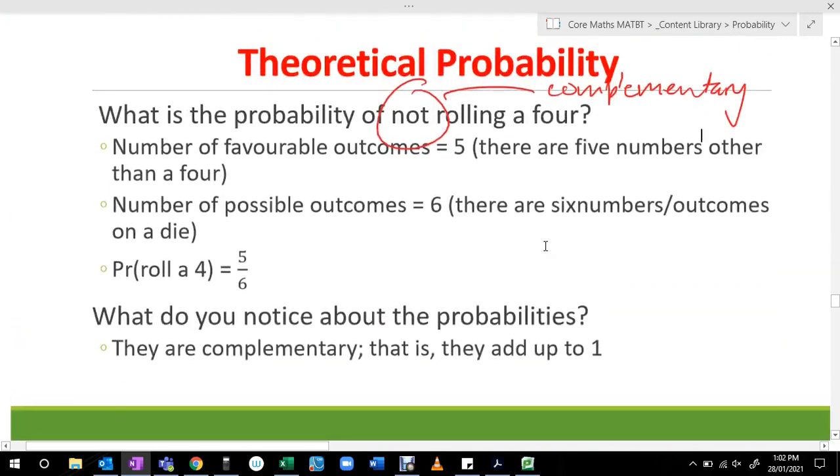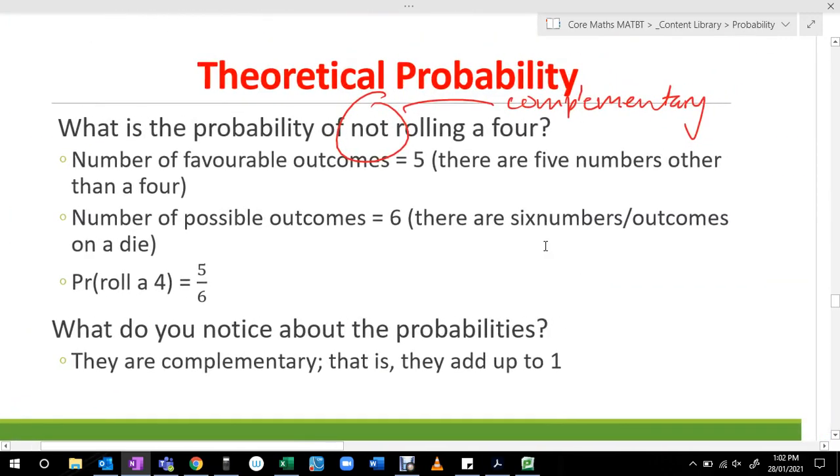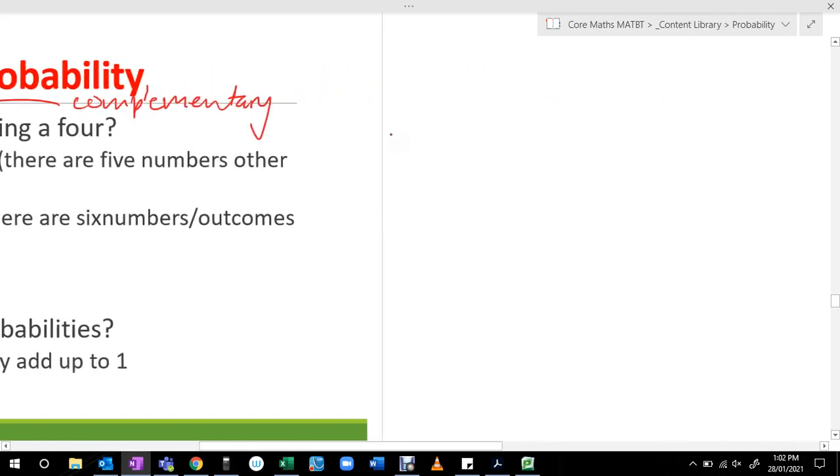So, with this in mind, what's the probability of not rolling a 4? Okay, so the opposite of 4. Now, whenever it comes to probabilities and representing them, this means probability of 4. Has anyone seen this before?